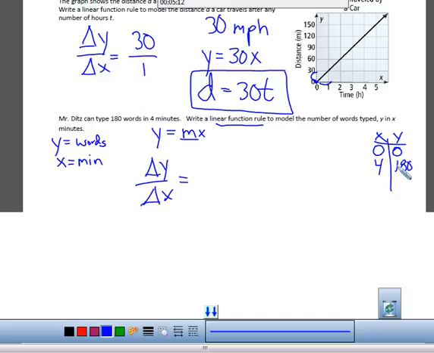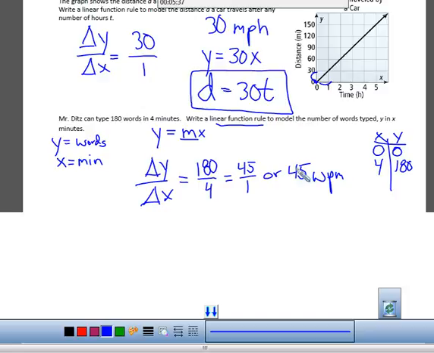Some of you won't need to do the table, some of you will recognize that what we have is 180 over 4, and if you find the unit rate, you'll get your answer. 180 over 4 simplifies to 45 over 1, or 45, and I'm going to write WPM for words per minute.